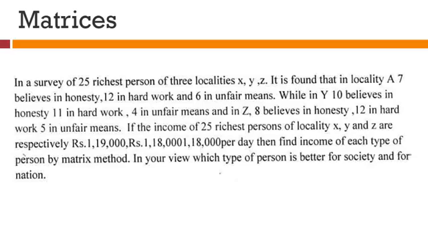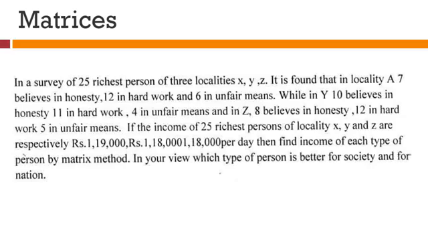You can read the last line here: in your view, which type of person is better for society and for the nation. These are the value based questions in matrices that are coming, and whatever information we need to find, XYZ is there. We have 3 kinds of people: honest, hardworking, and people who go for unfair means.